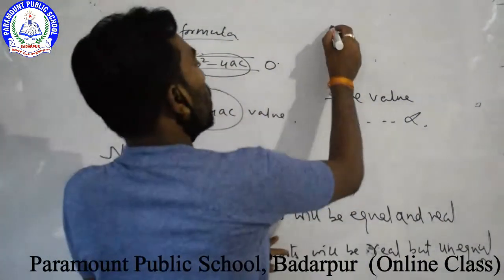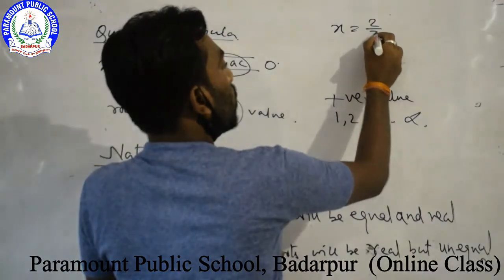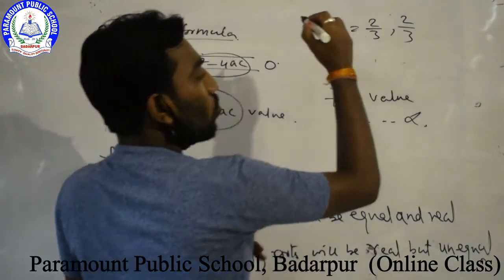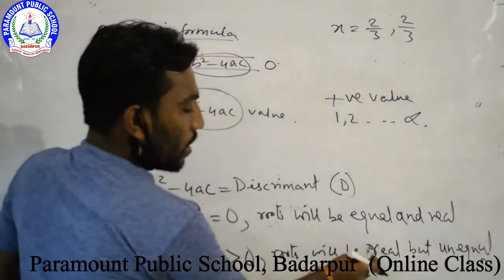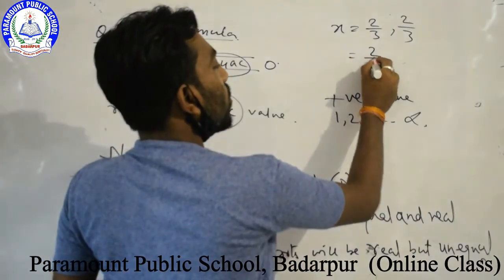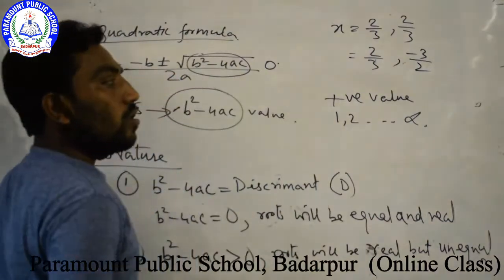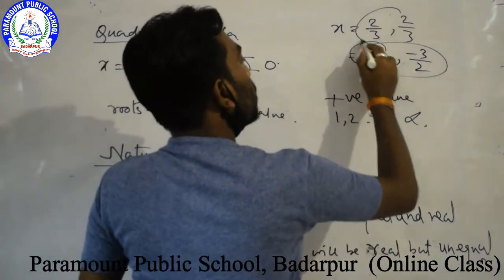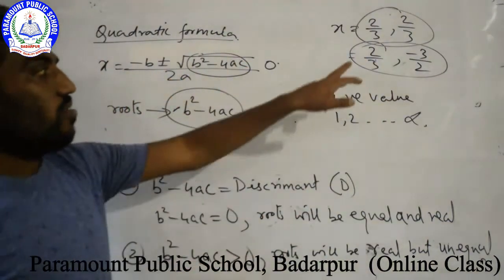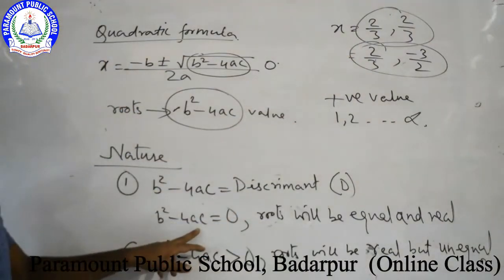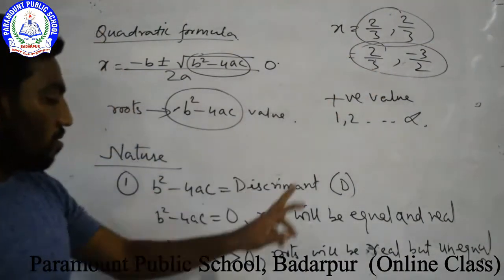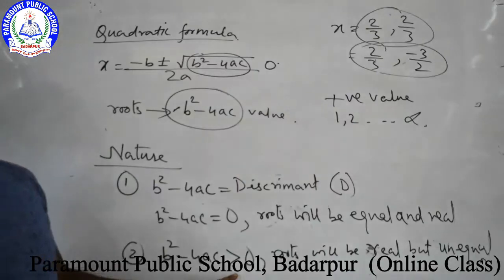Suppose in this case, if you get the value as 2 by 3, other value will also be 2 by 3. But in this case, if I get one value as 2 by 3, other value may be minus 3 by 2. So both the cases will not be same. This case will arise when our discriminant becomes 0, and this case will arise when our discriminant is greater than 0.